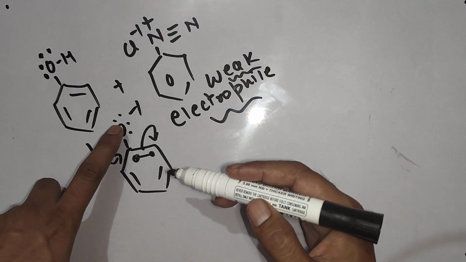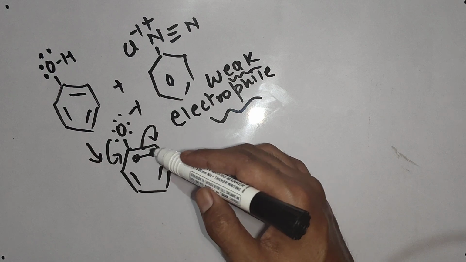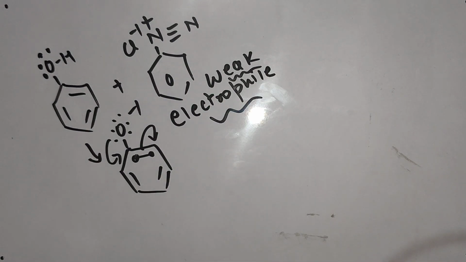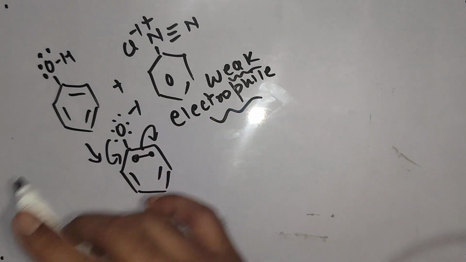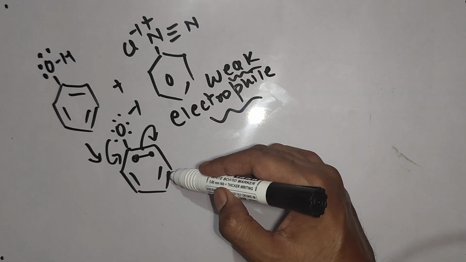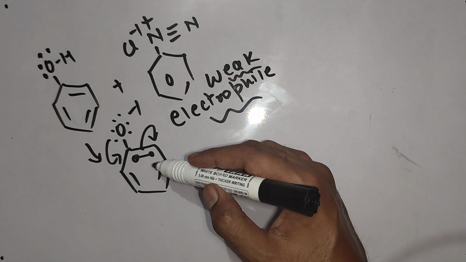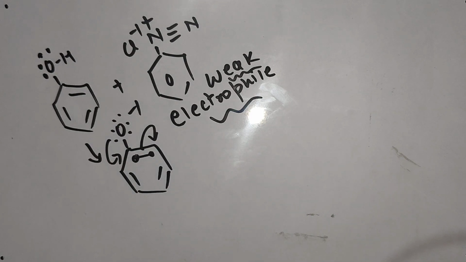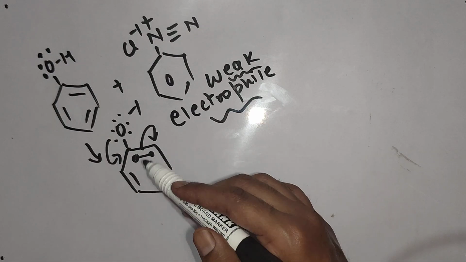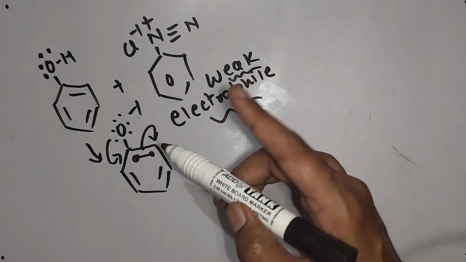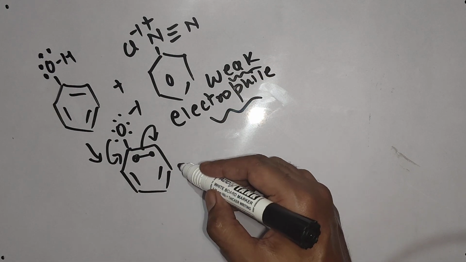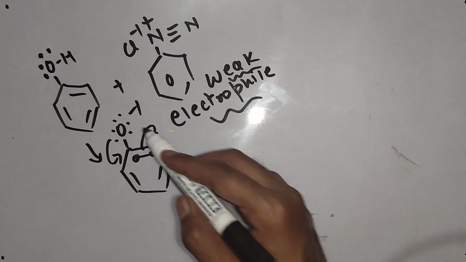And this is phenoxide oxygen, which will also show resonance. Who is showing resonance better? Already I have discussed with you. Phenoxide ion can show resonance better as compared to phenol. Due to its better resonance, the benzene ring will be strongly activated by the electrons delivered by O negative.